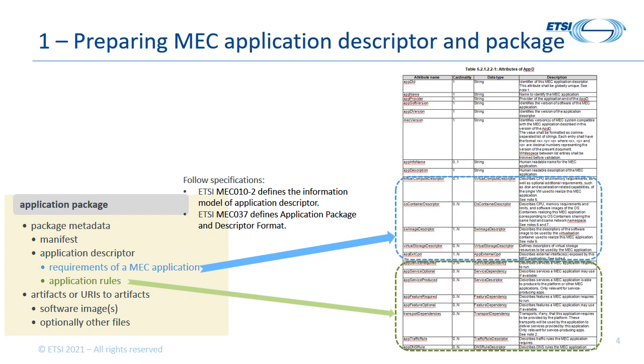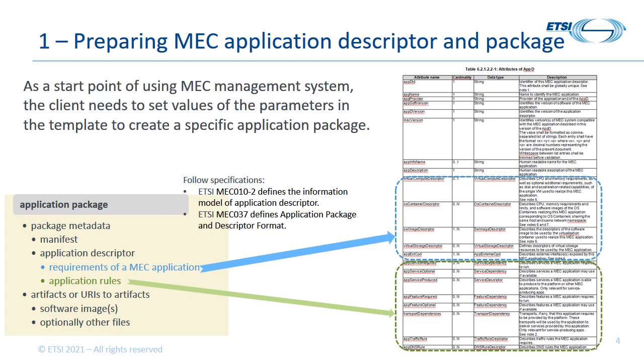In short, the MEC application descriptor and package are the language used in MEC's management system and act as the bridge between the MEC management system and the client. So, as a starting point of using the MEC management system, the client needs to set values of the parameters in the template to create a specific application package.